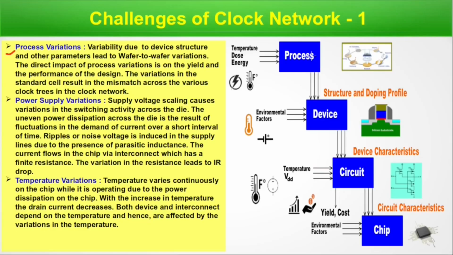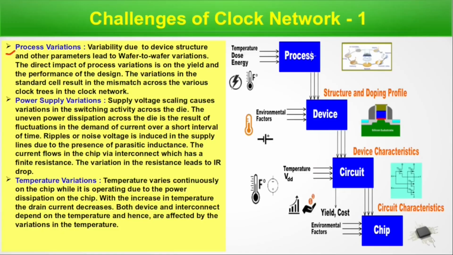As a result, the doping or oxide thickness, these parameters which are dependent on temperature, dose or energy, get a little bit varied. Even in a chip, one transistor from this corner to another transistor at that corner are not identical to each other. So their performance is a little bit varied.